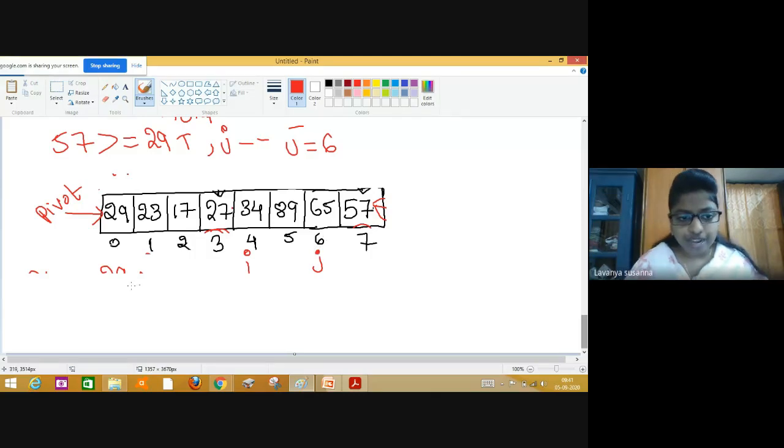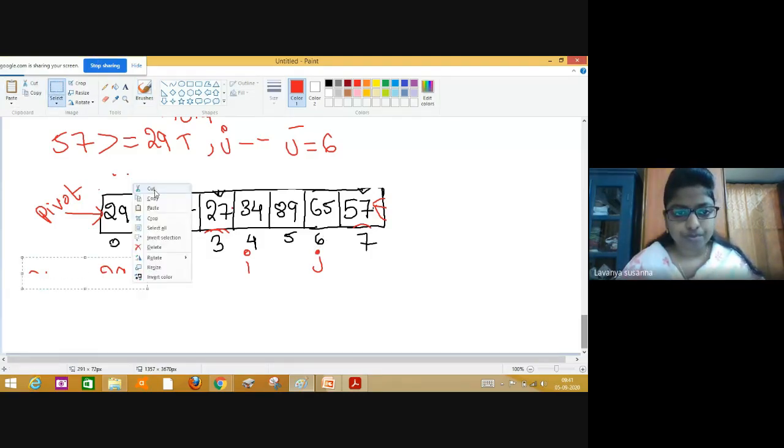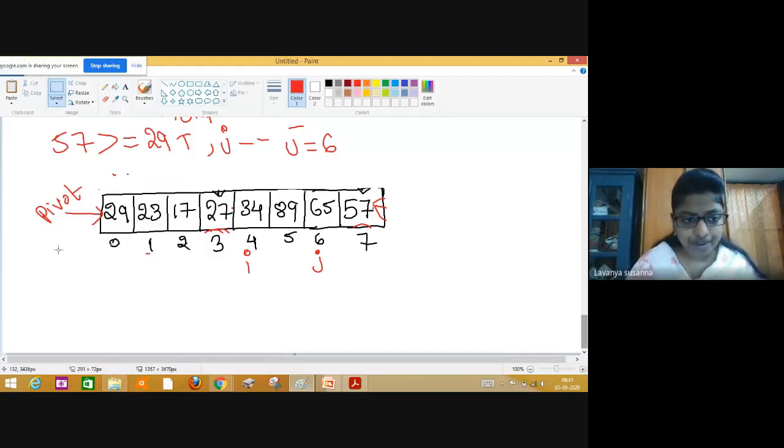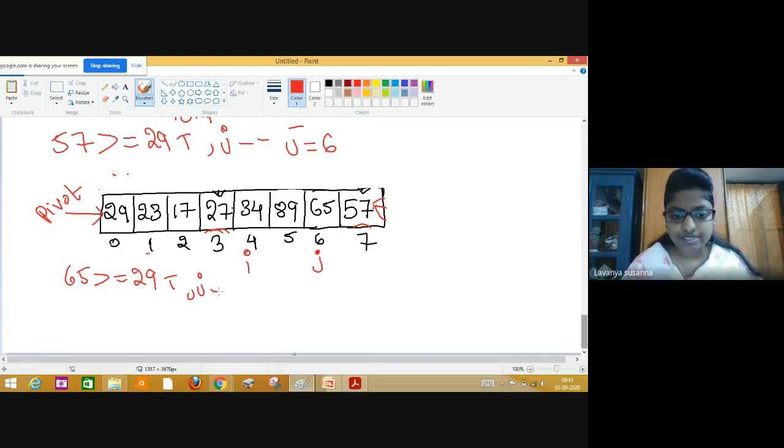You need to move j. Next, 65. 65 greater than or equal to pivot 29. True. True means you need to move j again. J minus minus. That implies j equals 5.